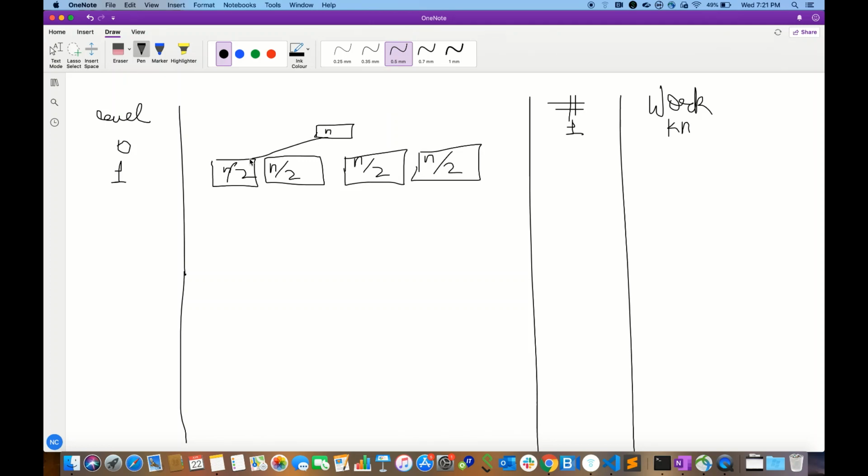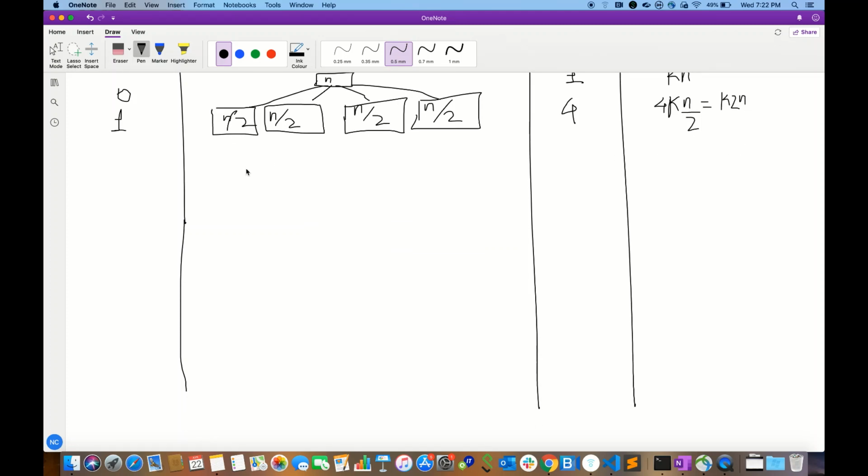So the number of nodes at this step would be 4, and the work will be 4 times k into n by 2, so it gets reduced to k times 2n.